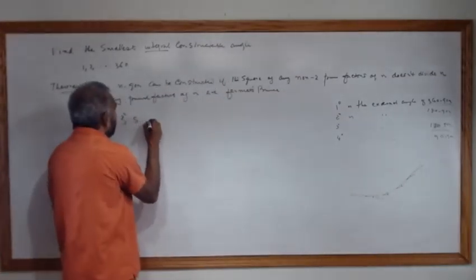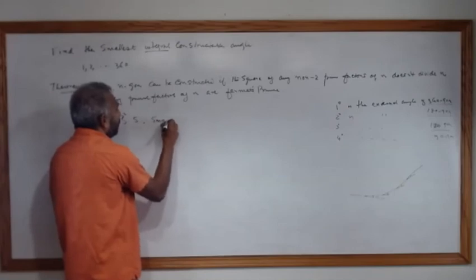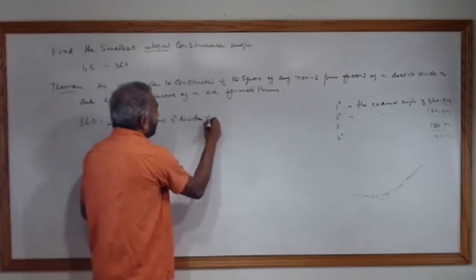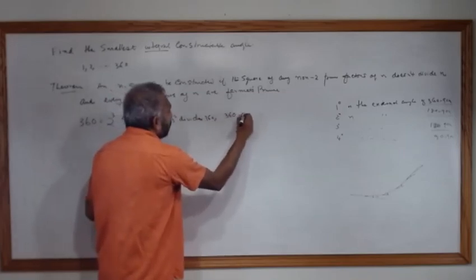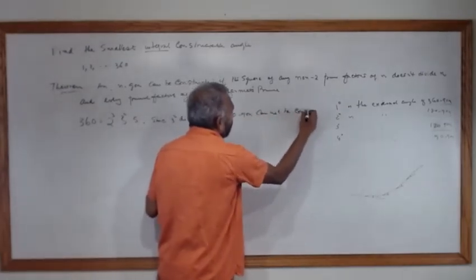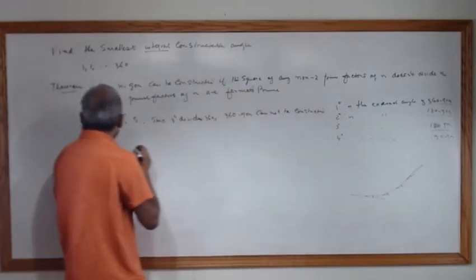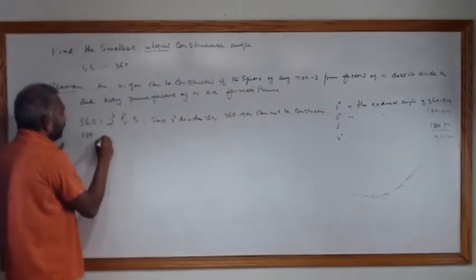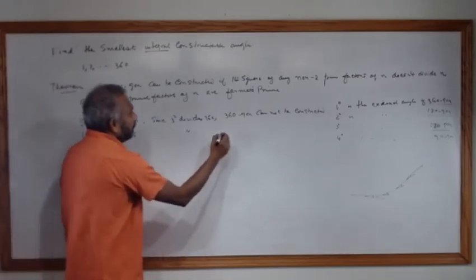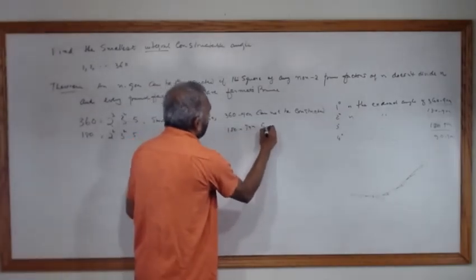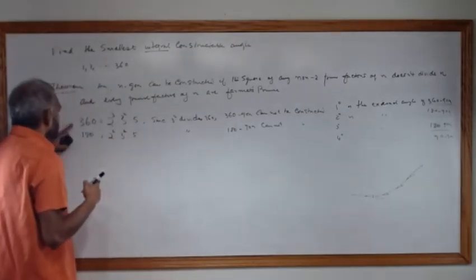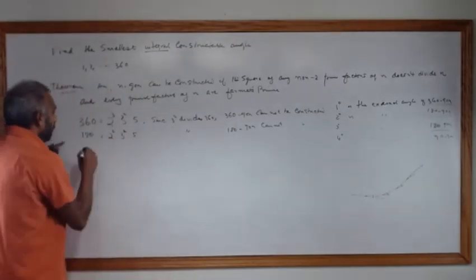So since 3 square divides 360, the 360-gon cannot be constructed. 180 is equal to 2 square times 3 square times 5. Same reason, the 180-gon cannot be constructed. So this means that 1 degree cannot be constructed. This means 2 degrees cannot be constructed.